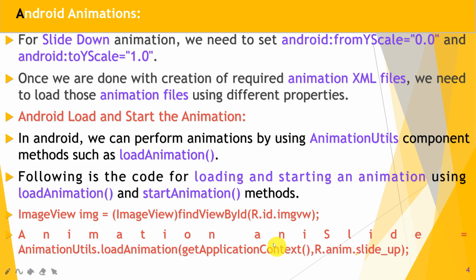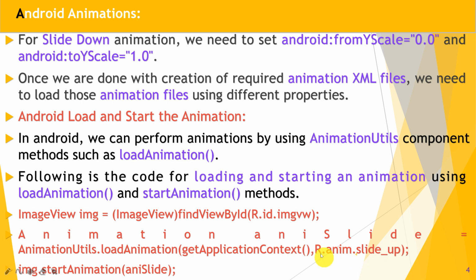Then here we have to pass two arguments to the loadAnimation method: the current context object and the animation, that is slide up, the slide_up.xml file, which is present in R.anim.slide_up, in the resource folder.